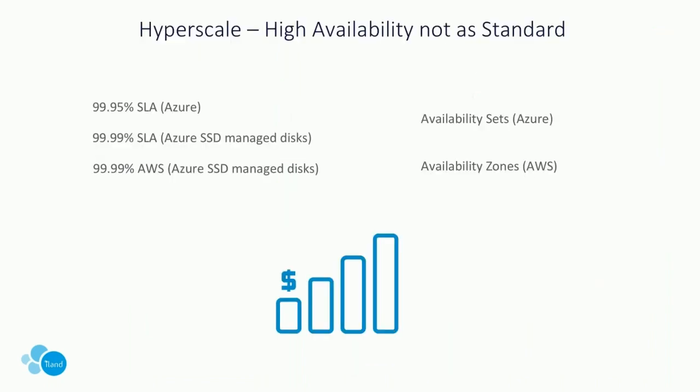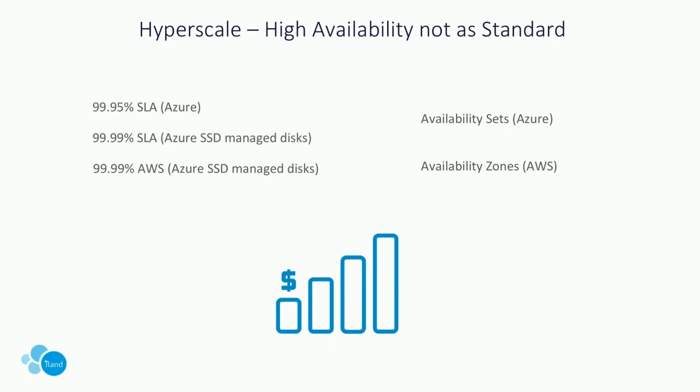We've built in a lot of resiliency and high availability. And one of the big challenges that we see with hyperscale cloud providers is that when you move away from a VMware powered platform, you're actually taking away that native high availability from the environment. So you have to build resiliency in a number of different ways.